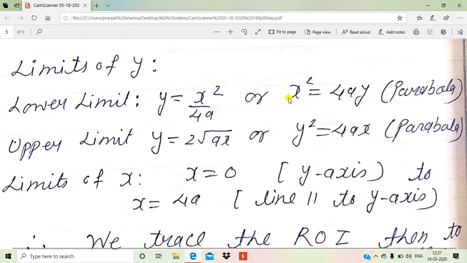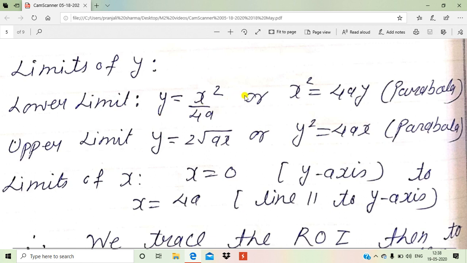Now it is very clear that it is a parabola on the y-axis. Upper limit is y is equal to 2 root over ax, and on squaring it is y square is equal to 4ax, which is again a parabola on the x-axis. So the lower limit is a parabola on the y-axis and the upper limit is a parabola on the x-axis. So these are the limits of y.